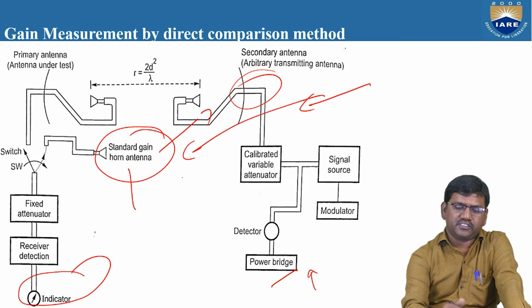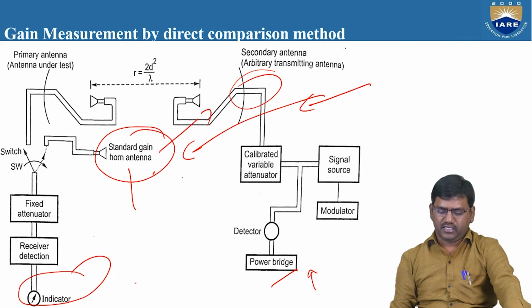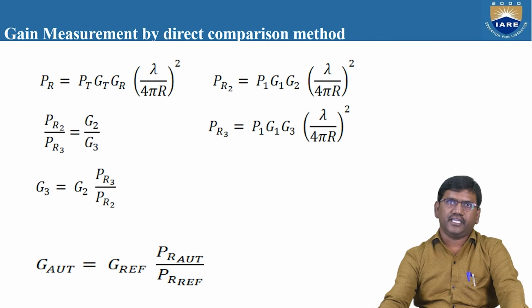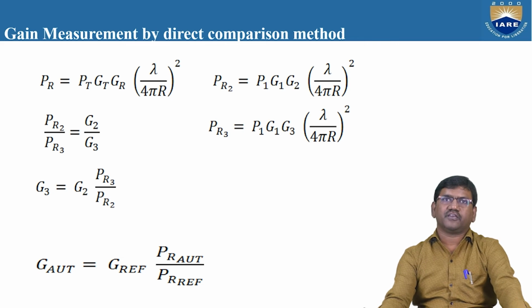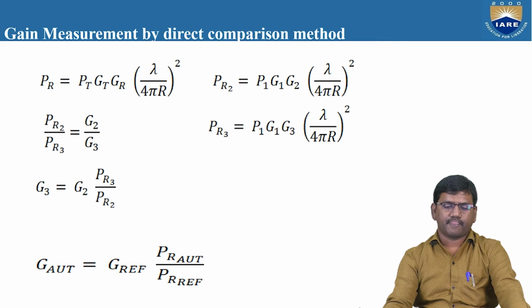What is the amount of power received by the standard gain antenna? We need to record the reading here. Again, we have the equation based upon the fixed transmission formula: PR is equal to PT GT GR into lambda by 4 pi r whole square.